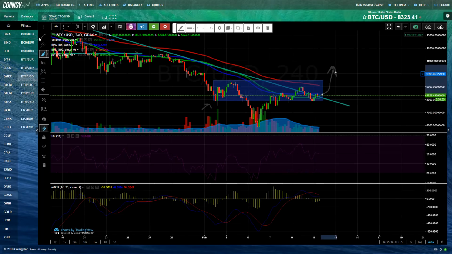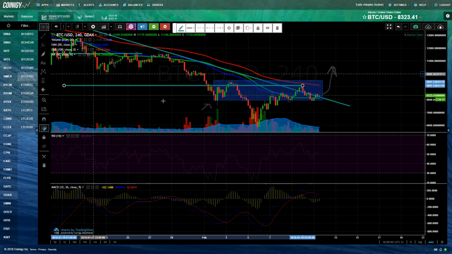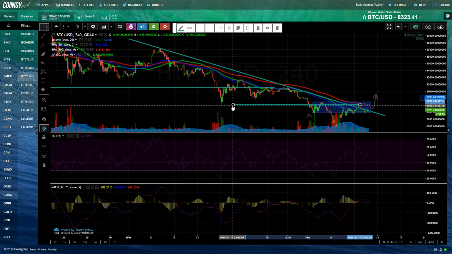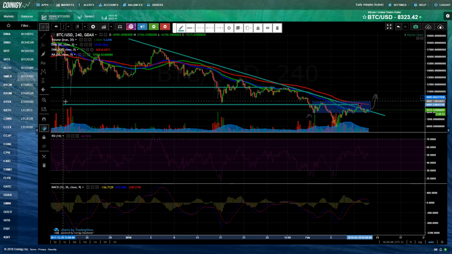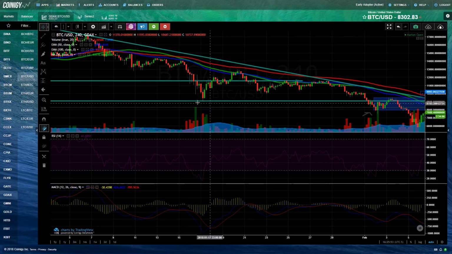Now, why is that? Well, let's look at something here. If you really pay attention to your charts, history really does repeat itself, and support and resistance do not lie. So we come back from the 17th, we have this support level, which again means broken support becomes resistance.